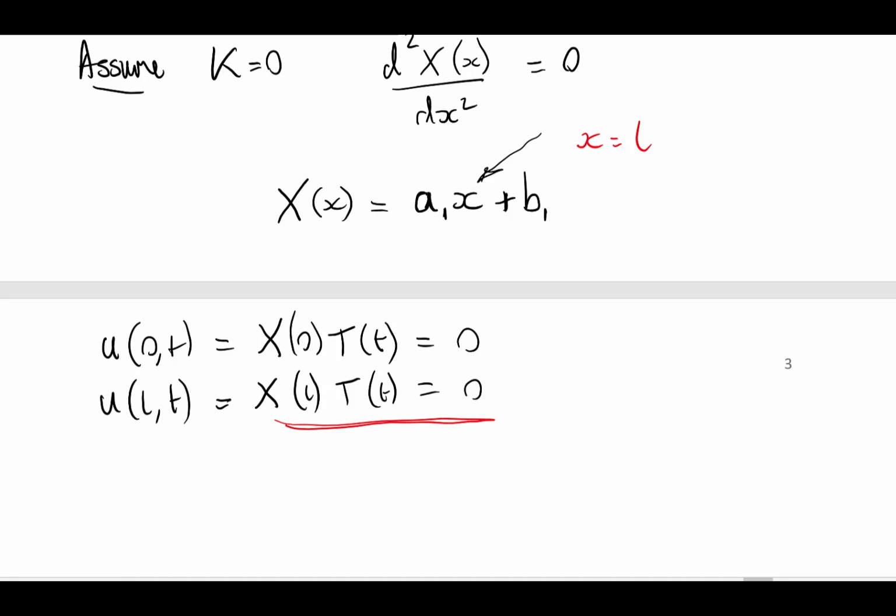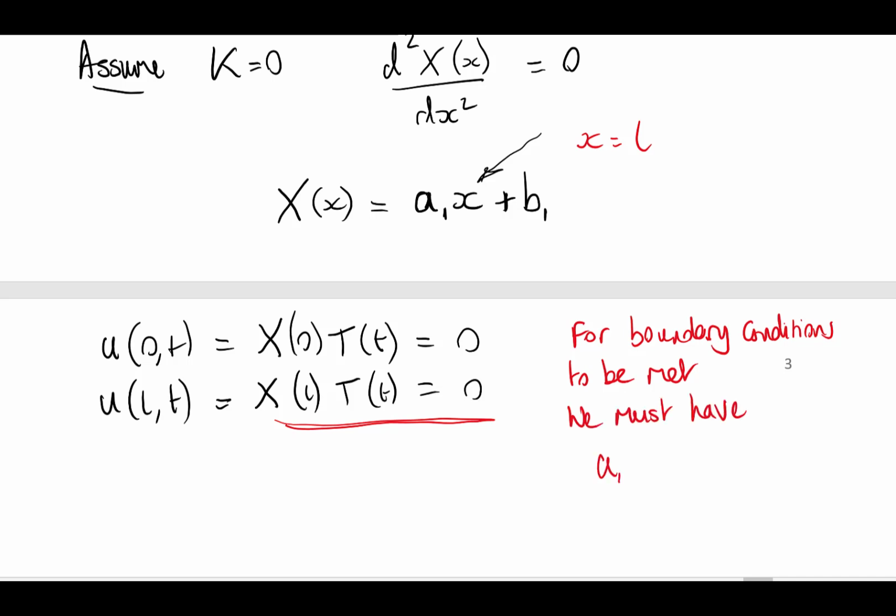So for our boundary conditions to be met, we must have a1 equals b1 equals 0. In other words, that's the only way this expression for capital X can be equal to 0 when little x is equal to L. We recognize that this is pretty useless because a1 is 0 and b1 is 0, so our function is essentially 0.